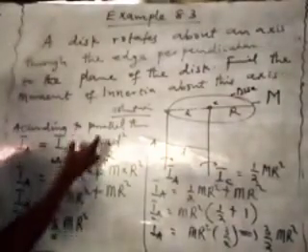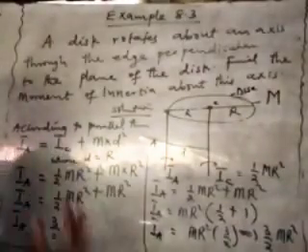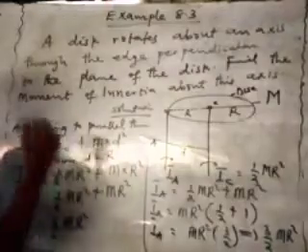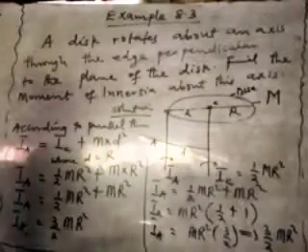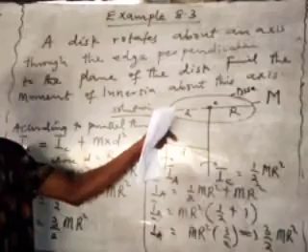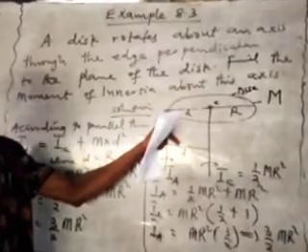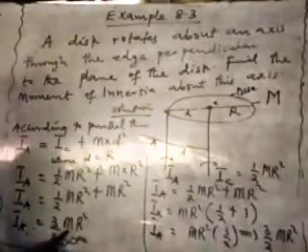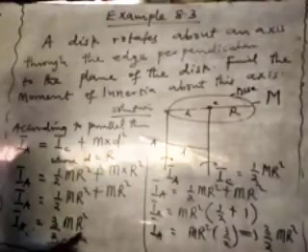So this question is not really asking us to carry out any calculation. They only wanted us to derive the formula for the moment of inertia about an axis located at the edge of a disk. We can only find this inertia when the mass and the radius of the disk are given.